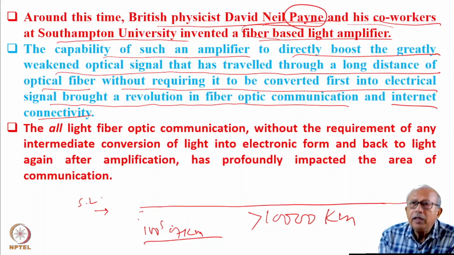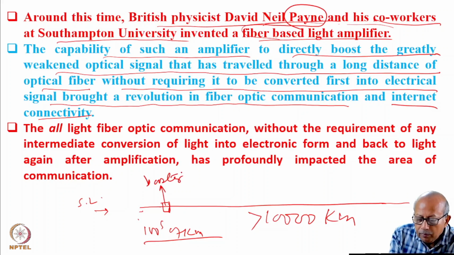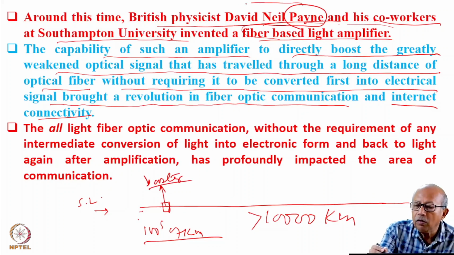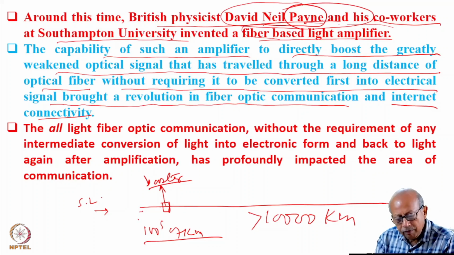Therefore, the signal needs to be boosted. Say at every 100 or so kilometers, the signal is boosted. So this is the booster. Before this discovery of Payne, how was the signal boosting to take place?